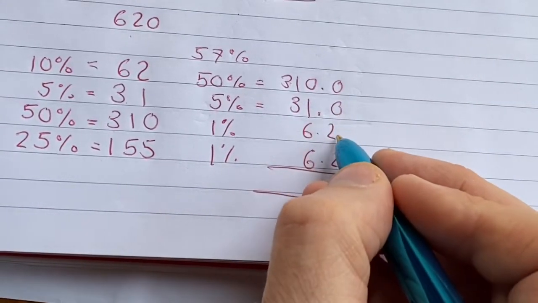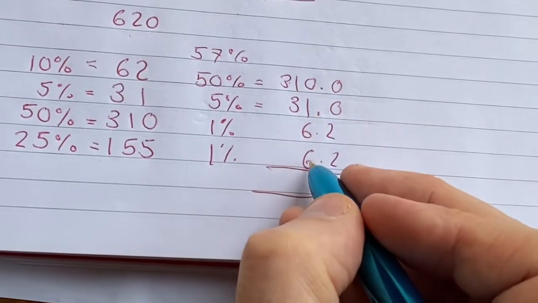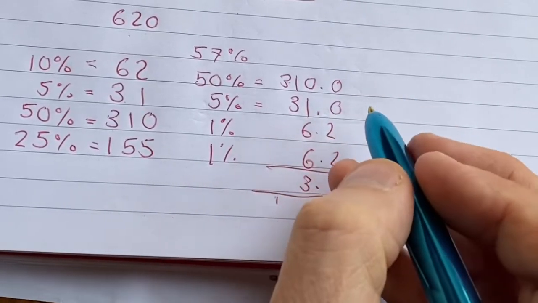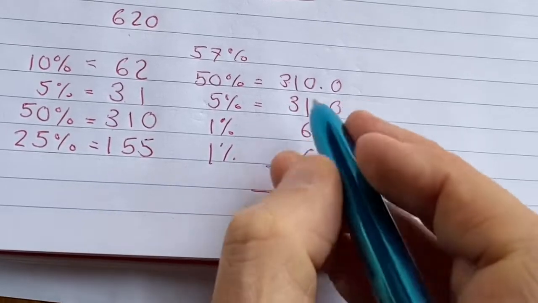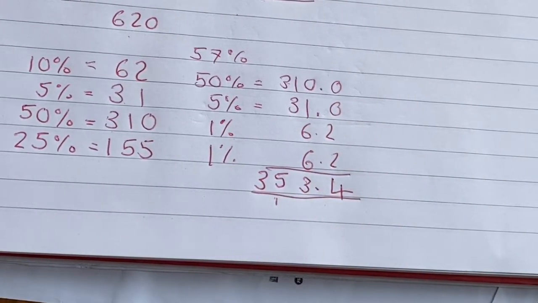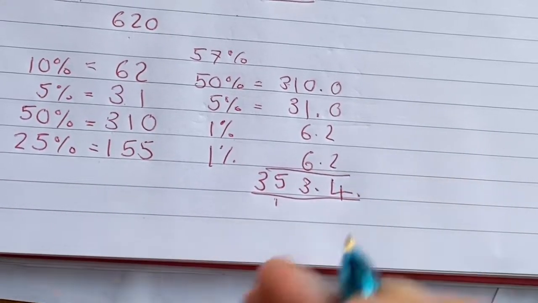So nothing, add 2 is 4. 1 add 6 is 13, so 3 down and 1 to carry. 1 add 3 is 4, add 1 is 5, and 3 add nothing is 3. So 57% of 620 is 353.4.